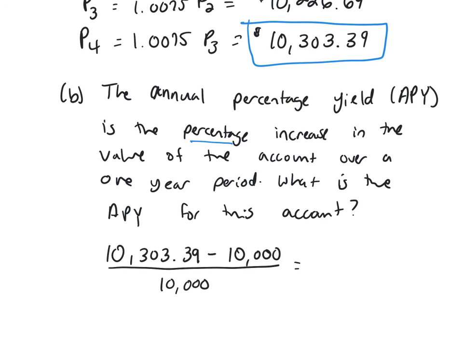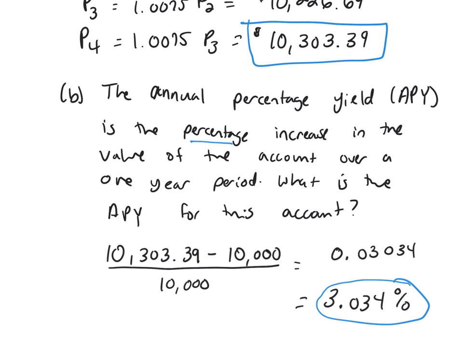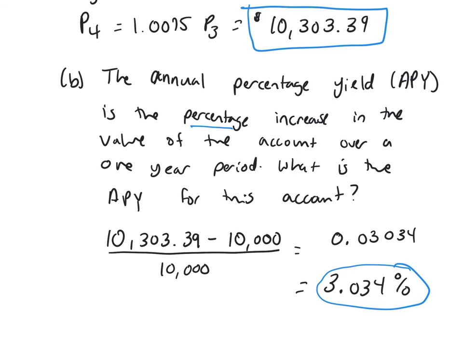So if you simplify this, you should get 0.03034. And if this is a percentage, so move the decimal place, this is 3.034%. So that's how much the account increased over a year. So it's a little bit more than 3%, and that's because it's compounded quarterly, so it's compounded more frequently than just once a year.